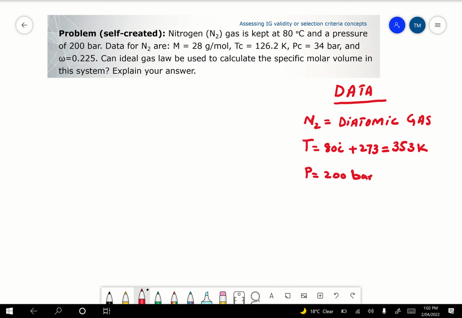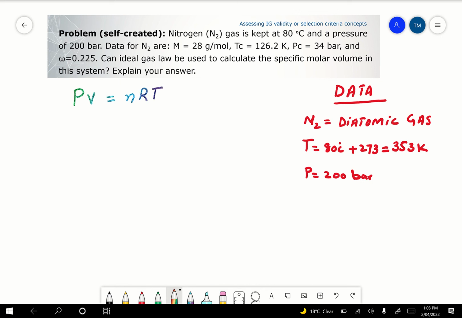So basically, we need to check the validity of ideal gas. And for that, we need to use ideal gas law, which is PV is equal to nRT.